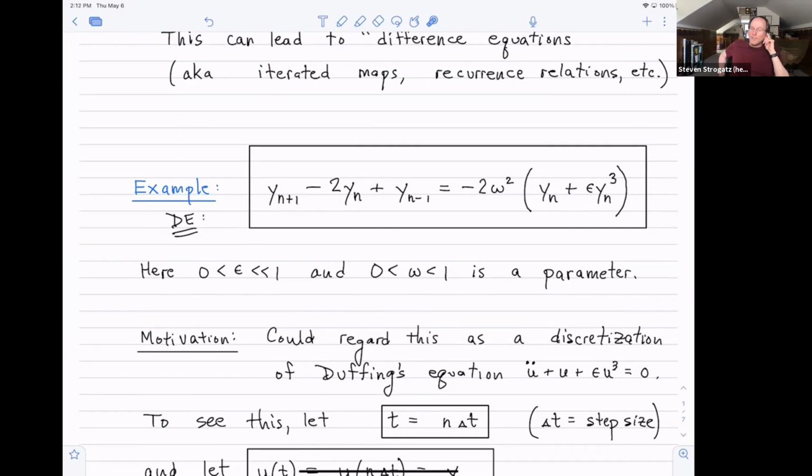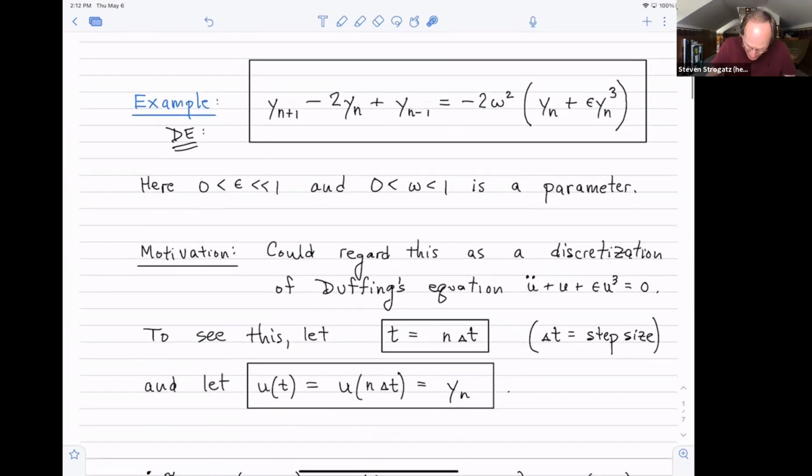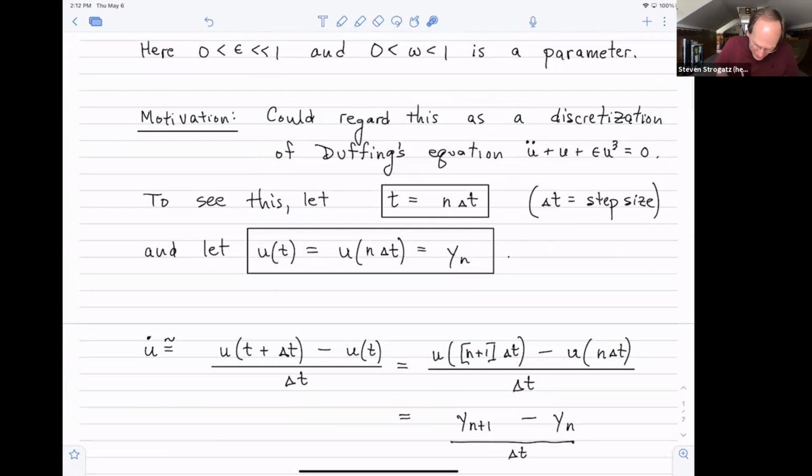For those of you who've taken numerical analysis, this would be like asking, if I solve Duffing's equation with the Euler method, which is the crudest numerical integration scheme. Basically what we did here is Euler's method, discretization, where you replace a first derivative by its discrete difference.